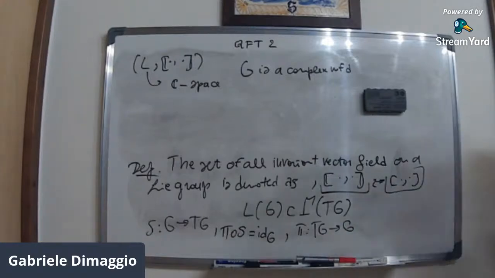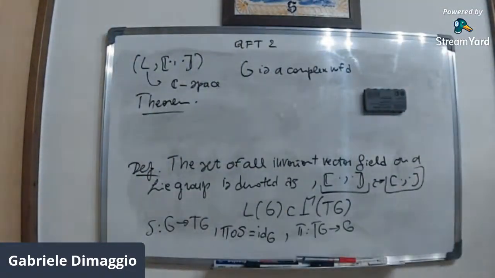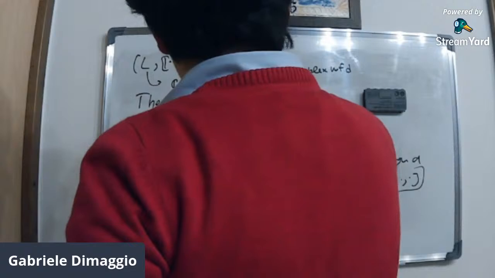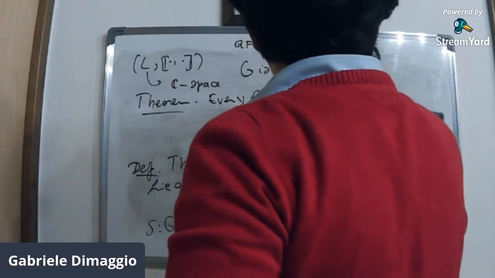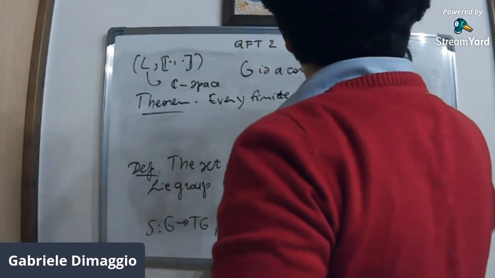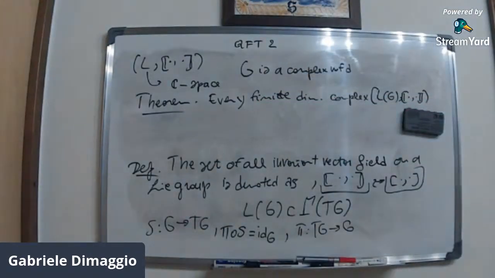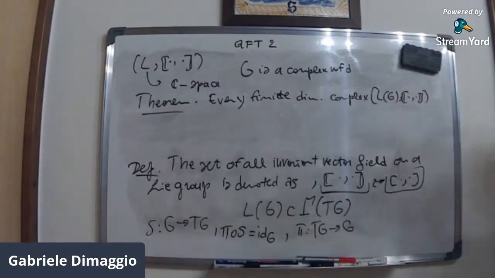Now, theorem. I have that every finite dimensional complex Lie algebra L can decompose in a particular sum.